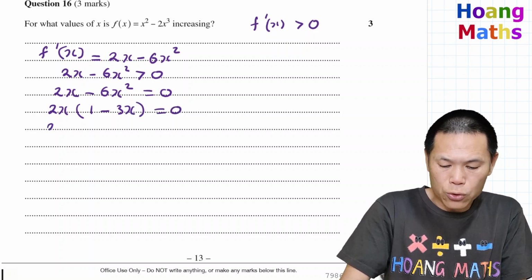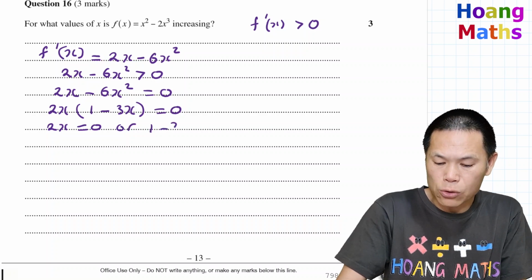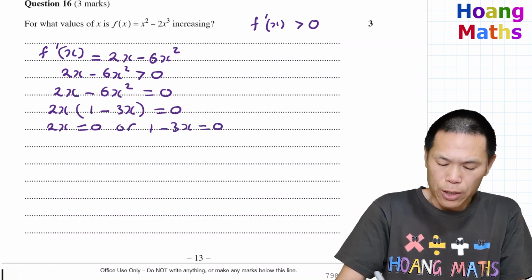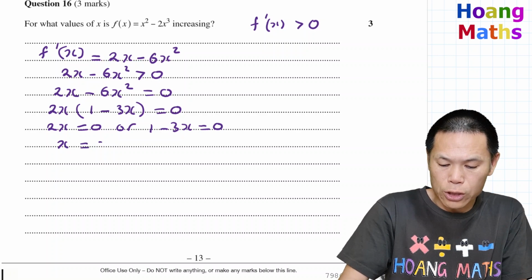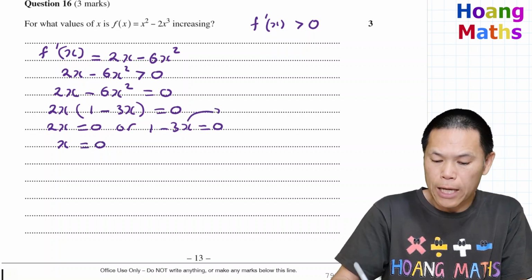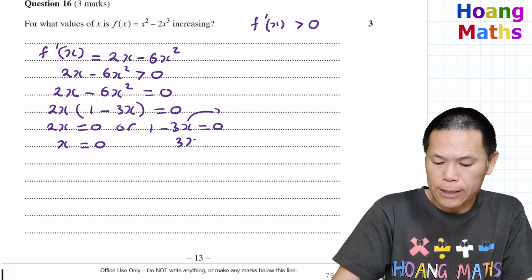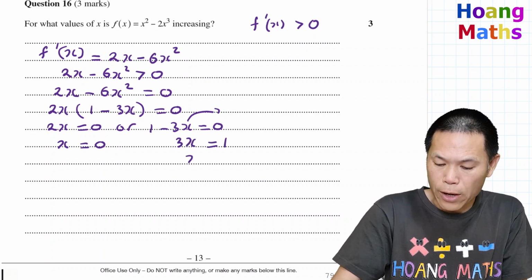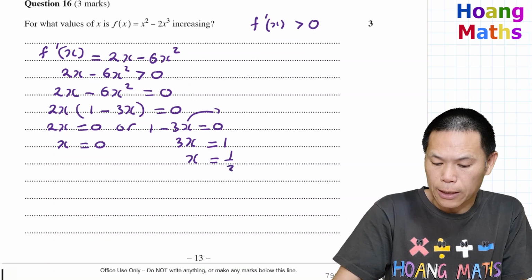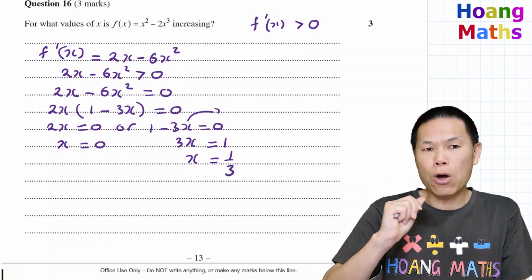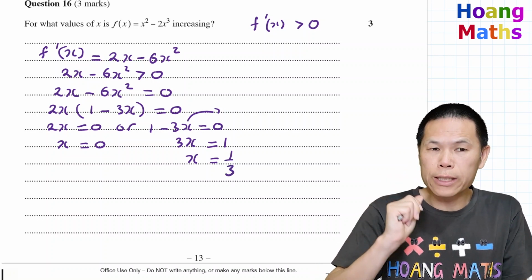This means 2x is 0 or 1 minus 3x is 0. Therefore x is equal to 0, or 1 is equal to 3x, in other words 3x is 1, so x is a third. So x equals 0 and x equals a third are the x-intercepts.